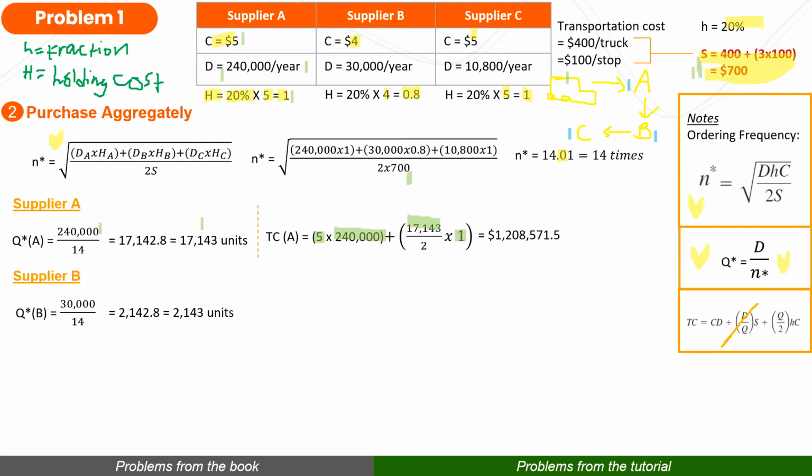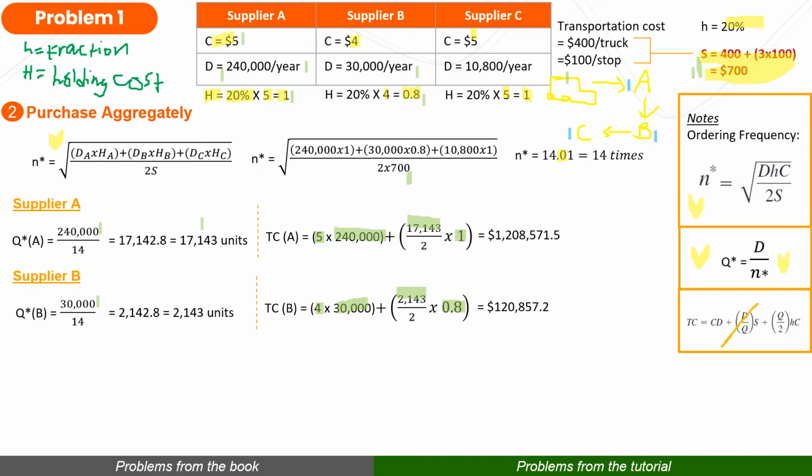And then next for supplier B, also the same, but the difference is the annual demand. So for supplier B, the EOQ is 2,143 units. And then for the total cost, the computation is also the same. The difference is the cost, the demand, the Q star and the holding cost. And then for supplier B, we get the total cost is 120,857.2.